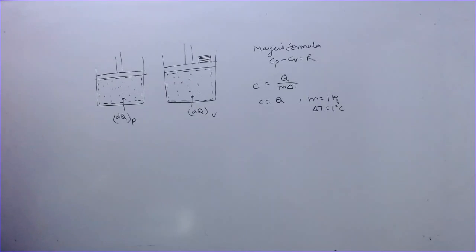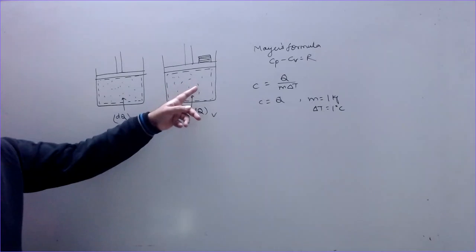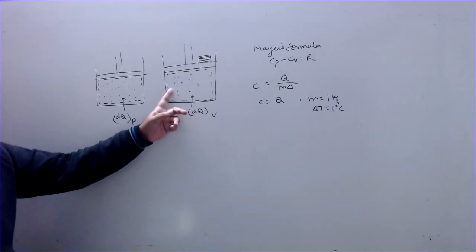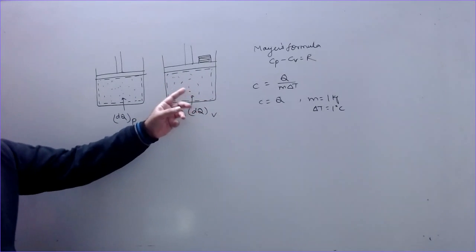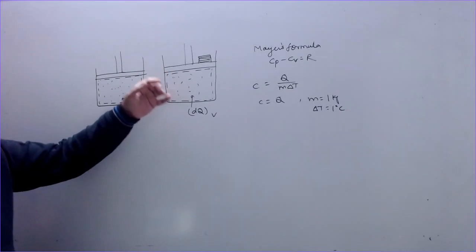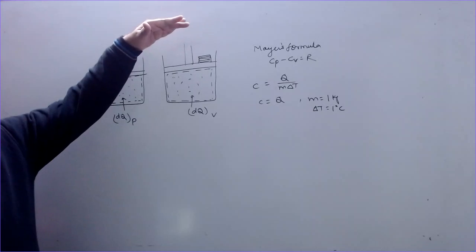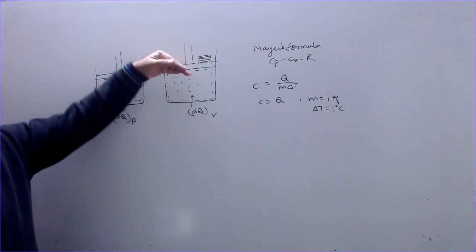Why does this happen? As you can see here, when you supply the heat energy, it increases the internal energy of the gas molecules or atoms, and as a result their energy is increasing. The gas will try to push the piston outward, but this weight stops the piston from moving.